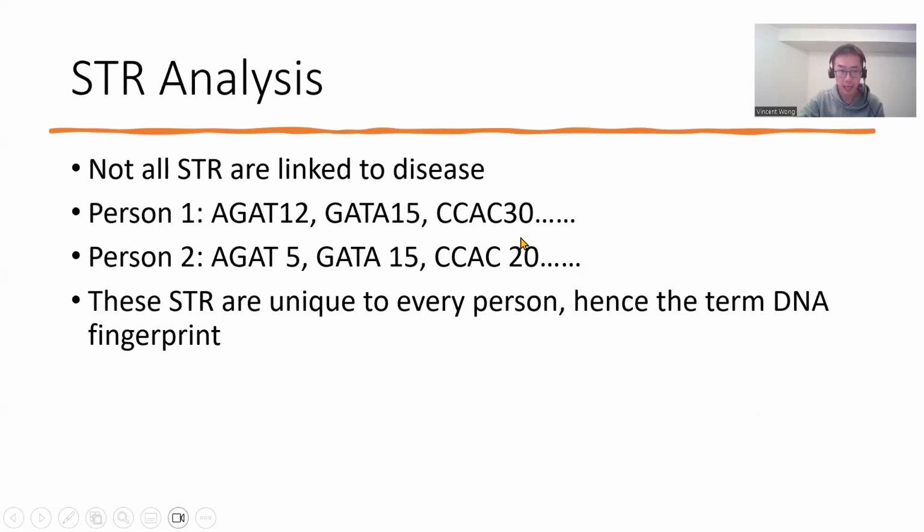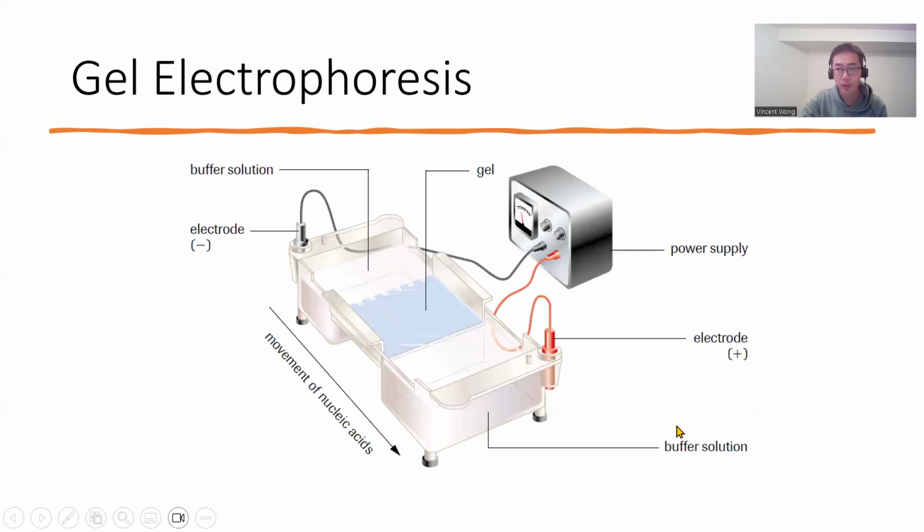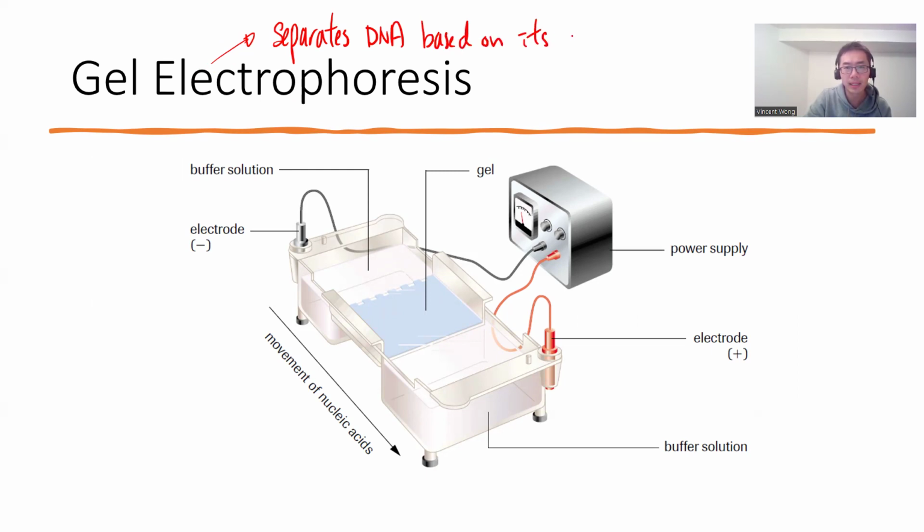Now, to understand how to do STR analysis, we have to talk about what's called electrophoresis. Gel electrophoresis is a technique used to separate DNA based on its length, or size.